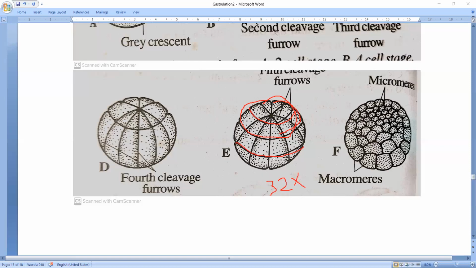So after the 32 stage of the zygote, the divisions are very rapid. We cannot find how the divisions are taking place. Okay, so this is how the 32 cell stage of the embryo is formed.